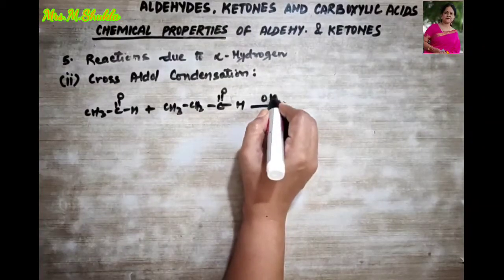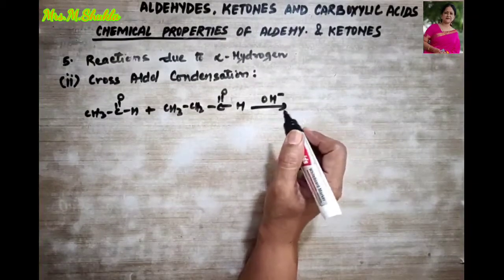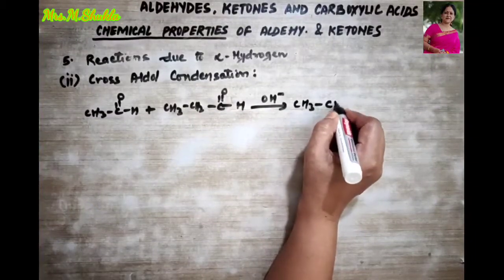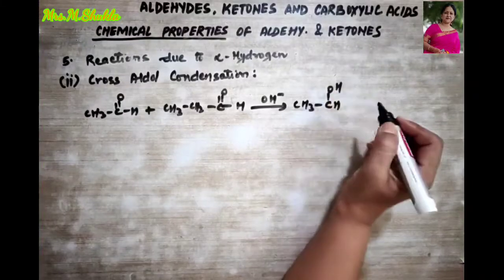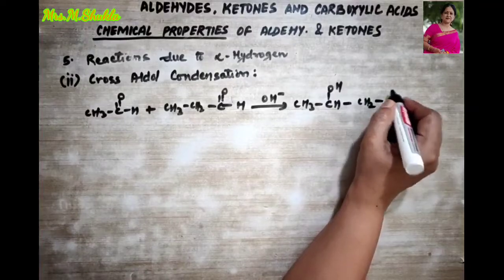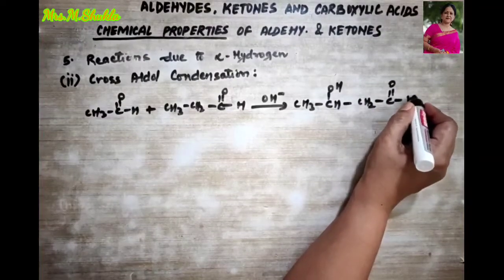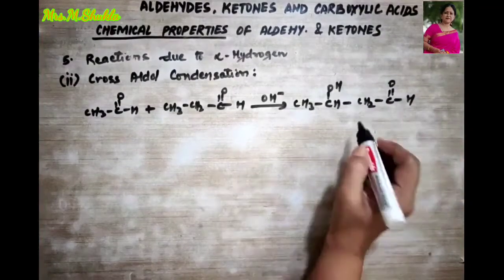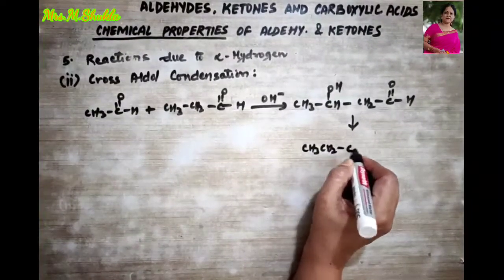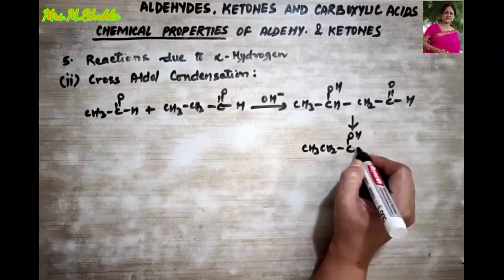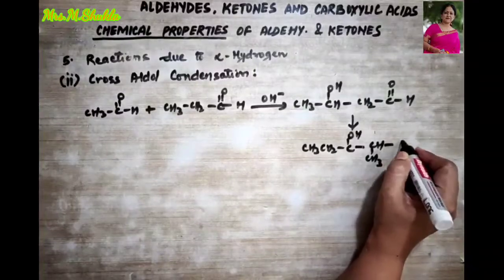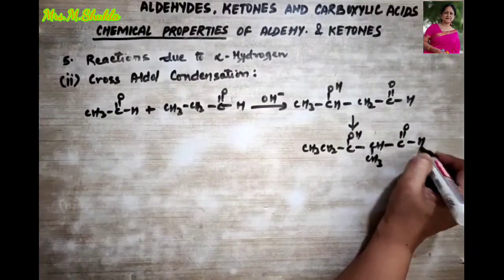Over here when we add the base to it, it is going to give us CH3CH(OH)CH2C double bond O and H, and further CH3CH2CH(OH)CH(CH3)C double bond OH.